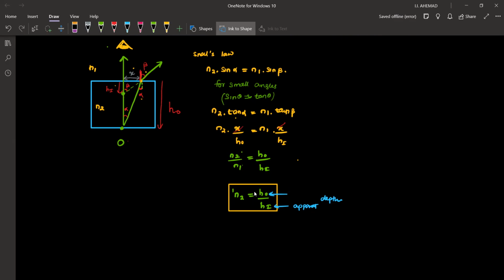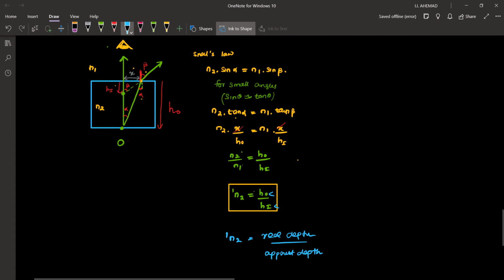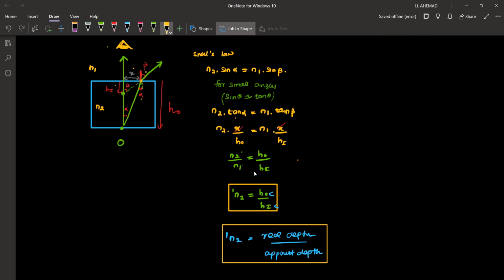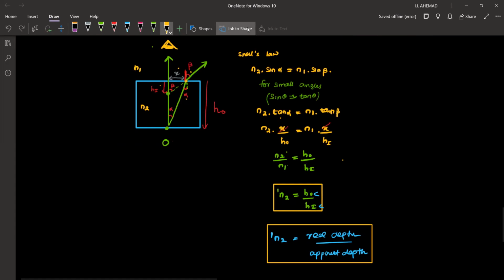Let's write this in a separate equation. n2 over n1 is equal to real depth over apparent depth. Once you have completed, let me know.